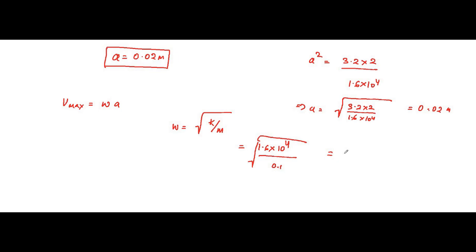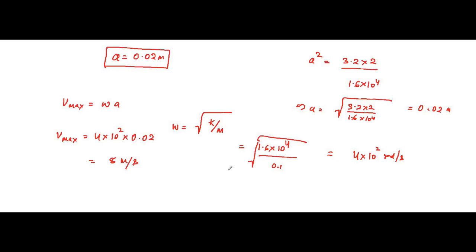That is equal to the angular frequency. It is coming around 4 × 10^2 radians per second, and the maximum velocity or the speed is equal to 4 × 10^2 × 0.02, that is equal to 8 meters per second.